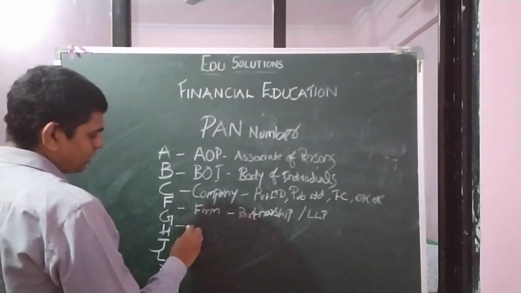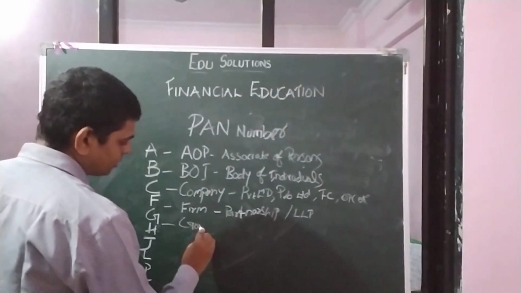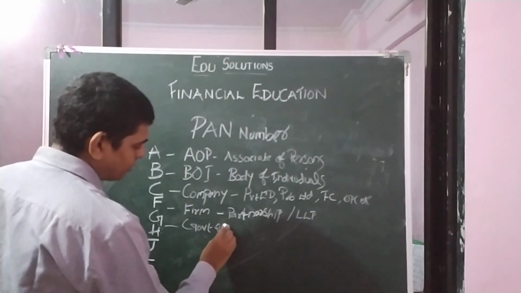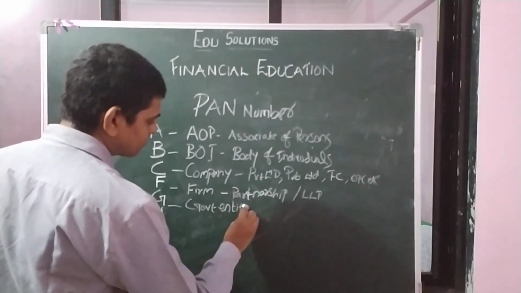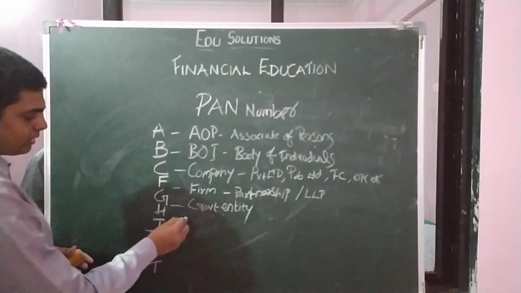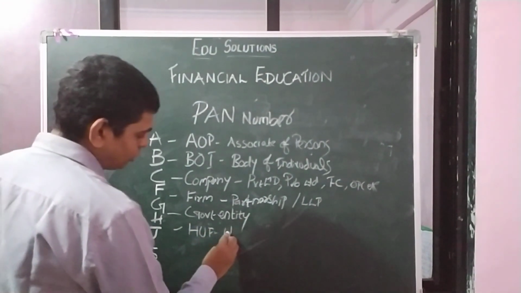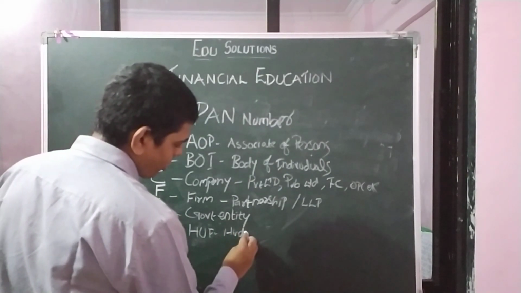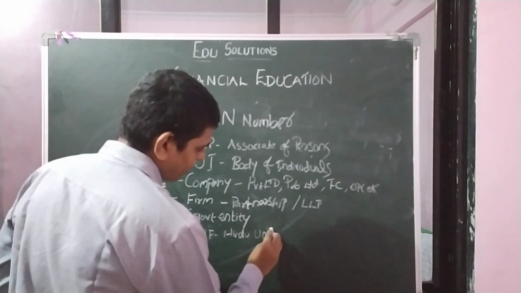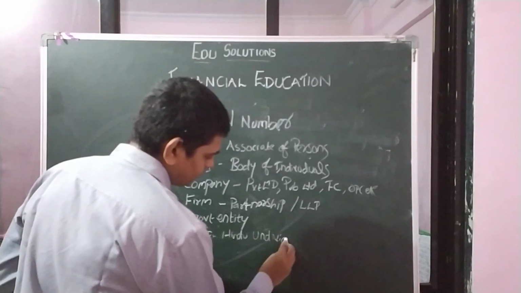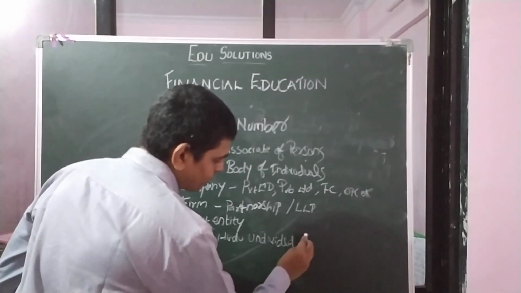Now comes G, government entity. Any government body or government organization comes under G. H is HUF, which is Hindu undivided family.